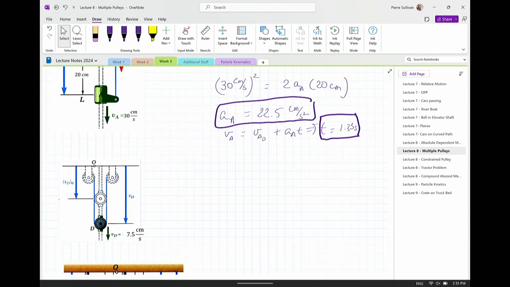The other thing I'm given is that D is moving down at 7.5 centimeters per second. XD naught, XD, I don't know how far they've gone.